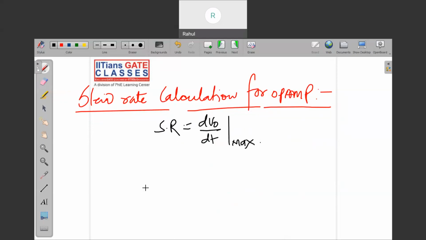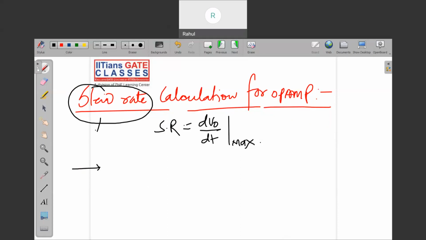Okay, max. Yes, and it is the capacitance which is the main culprit of decreasing the value of slew rate. If there is capacitance, then definitely the slew rate will be decreased, right? So you can write here which element decreases the slew rate.